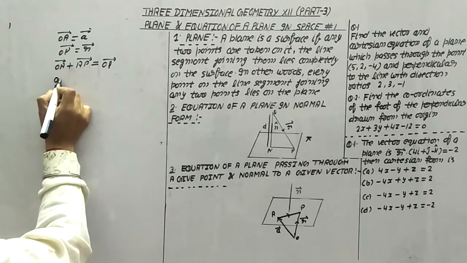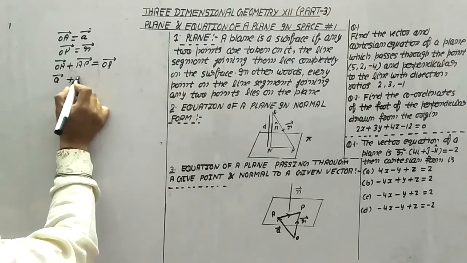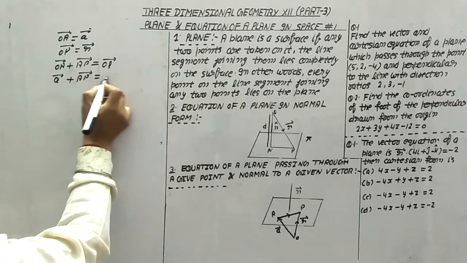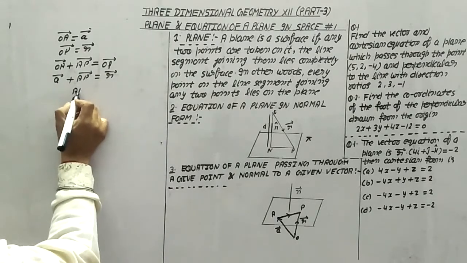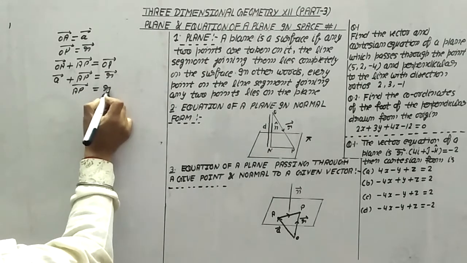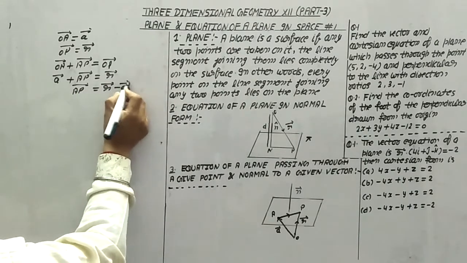Vector OA is vector A, vector OP is vector R. It means vector AP is given by vector R minus vector A.